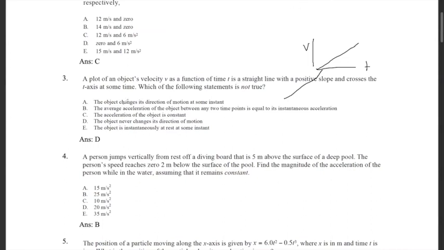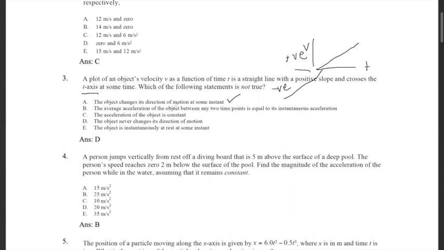A: The object changes its direction of motion at some instant. Yeah, it might as well, because they've written it crosses the t-axis at some time. So below the t-axis, velocity is negative, and above the t-axis, velocity is positive. So it's going to go in the positive direction at some time. So this is true. B: The average acceleration of the object between any two time points is equal to its instantaneous acceleration.